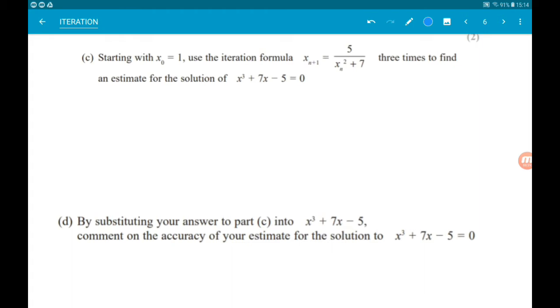Okay, so put in 1 plus equals. You then want to put in 5 over ans squared add 7 plus equals, and we get x1 is equal to 5 over 8, which is 0.625.